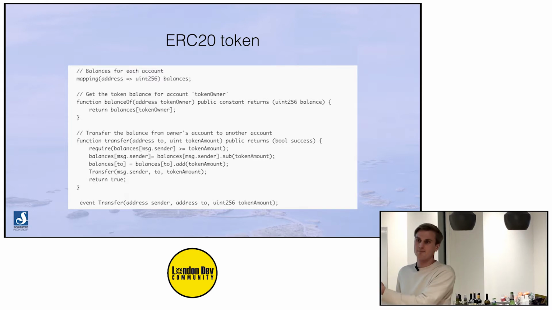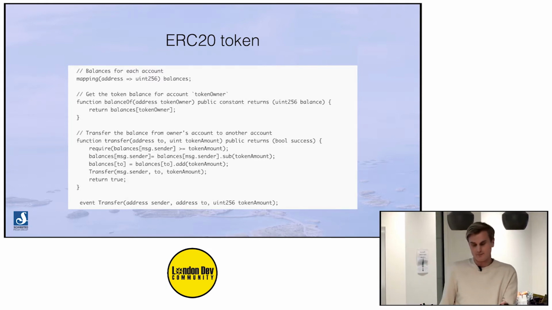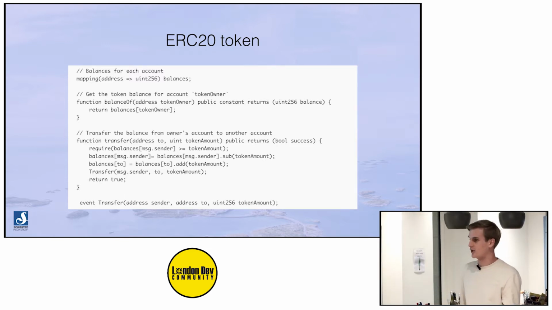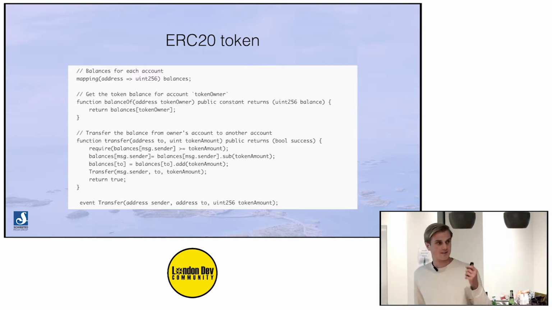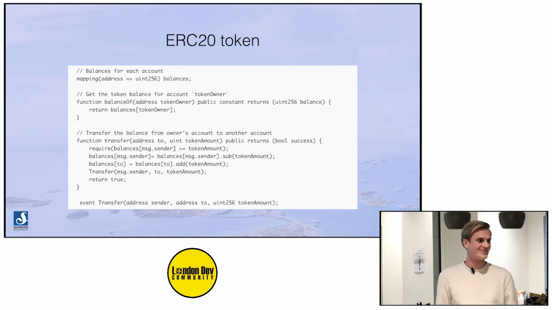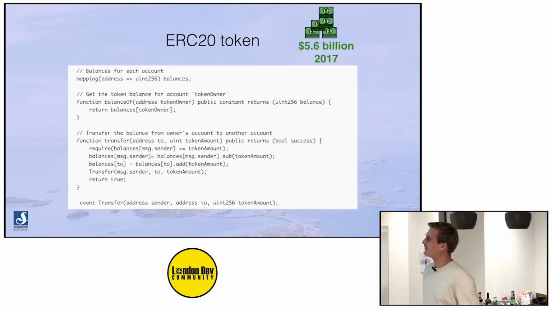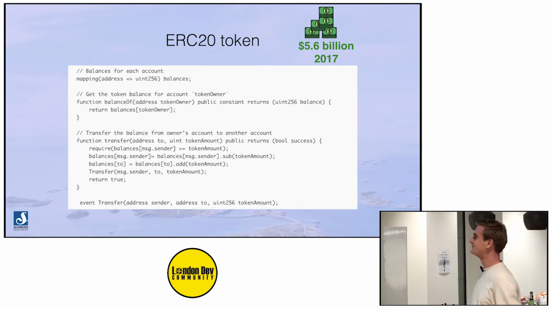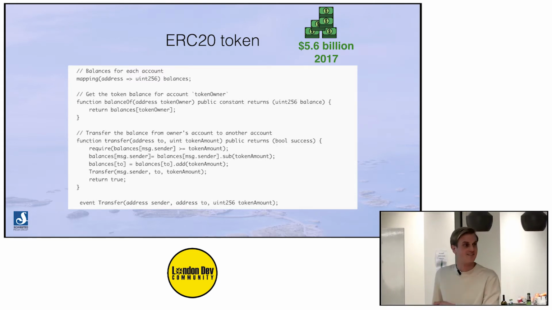This is the backbone of more or less all the ICOs, initial coin offerings, done on Ethereum. Do you want to guess how much money was raised by doing stuff like this last year? $5.6 billion US last year. It's essentially this thing.